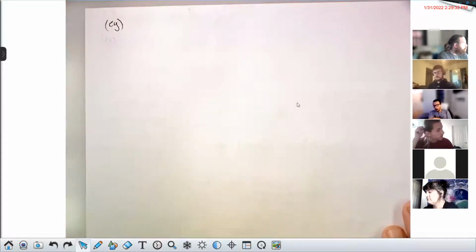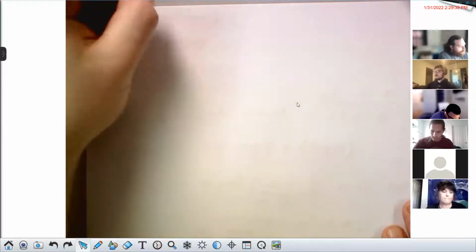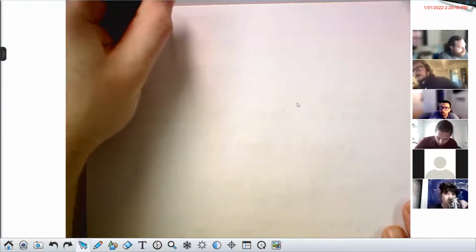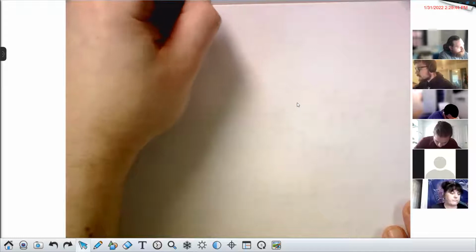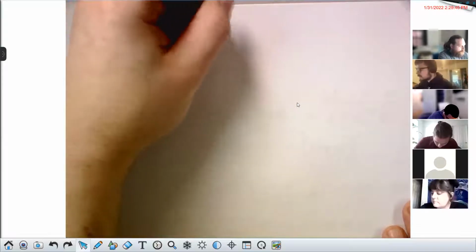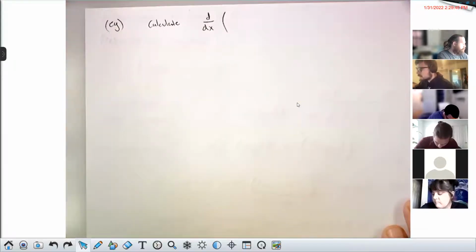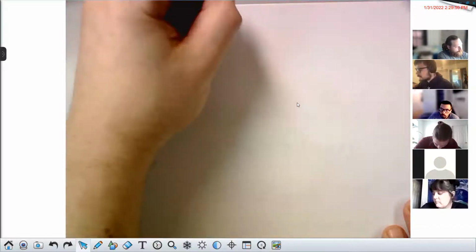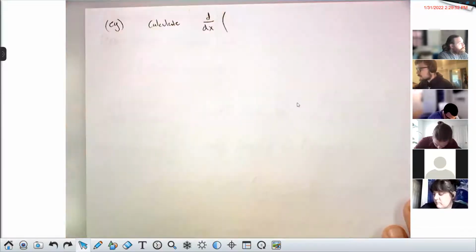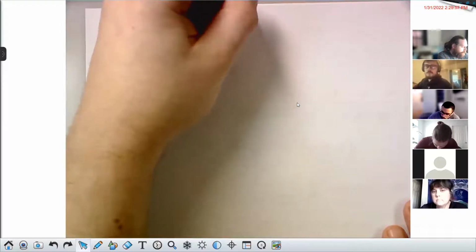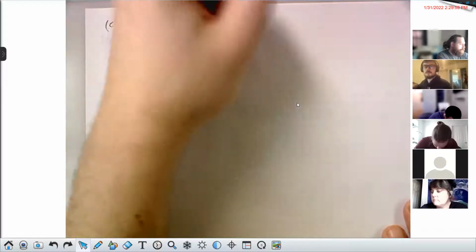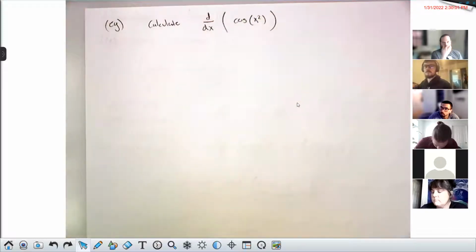Let's calculate the derivative of, let's go gentle again, cosine of x squared.